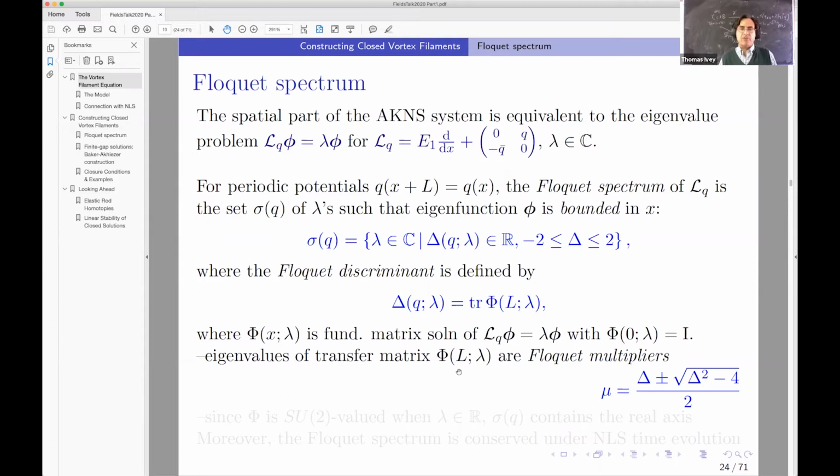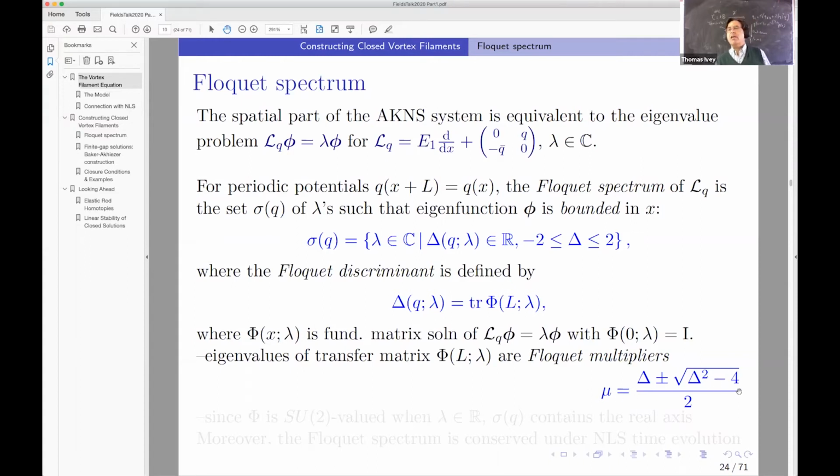This transfer matrix is a fundamental solution matrix of that linear system, evaluated after one whole period, having started at the identity. The eigenvalues of that correspond to solutions that grow by just a scalar multiple over one period. Because this transfer matrix has determinant 1, the eigenvalues are reciprocals of each other, and they're determined by taking its trace and just solving this equation.